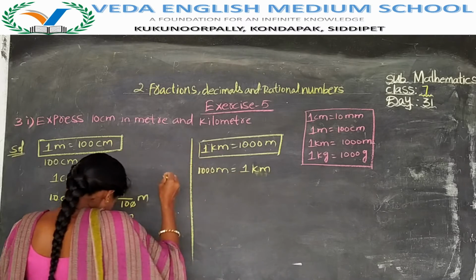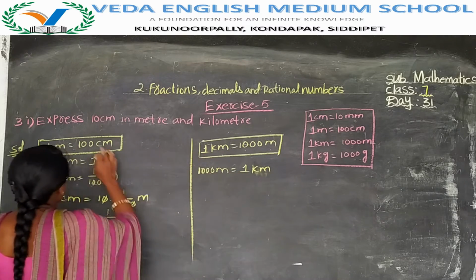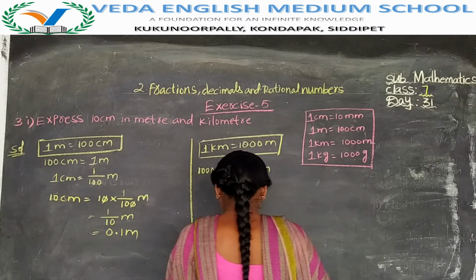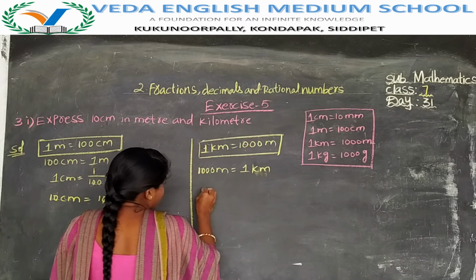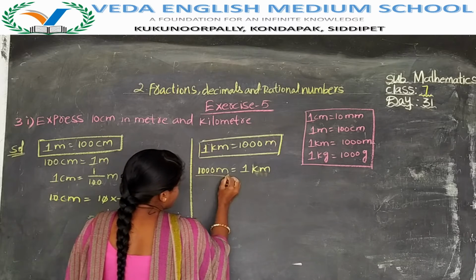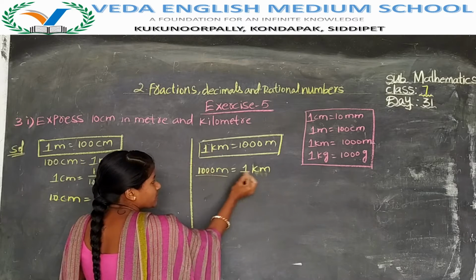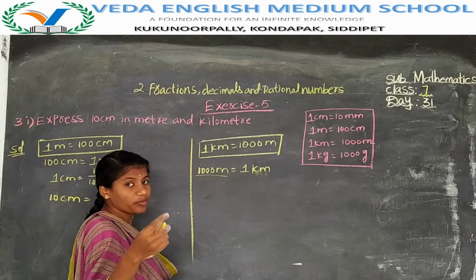Now we have to convert the centimeters into kilometers. First we will find 1 meter in kilometers.